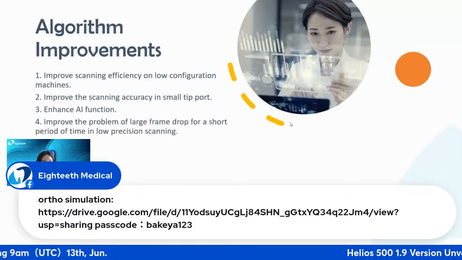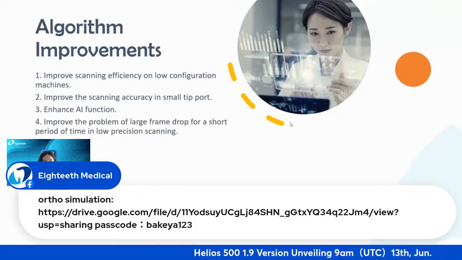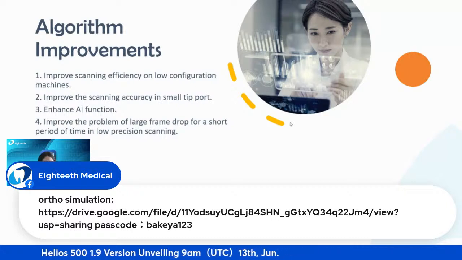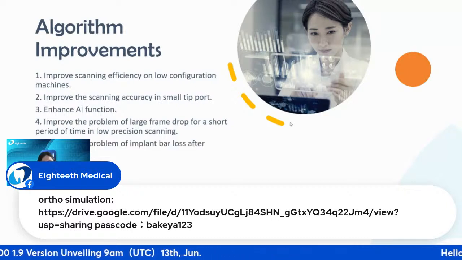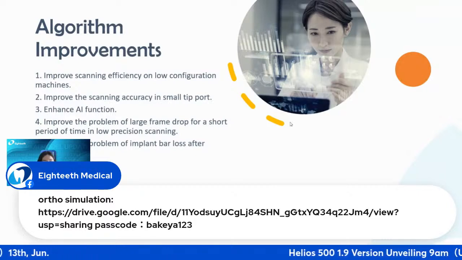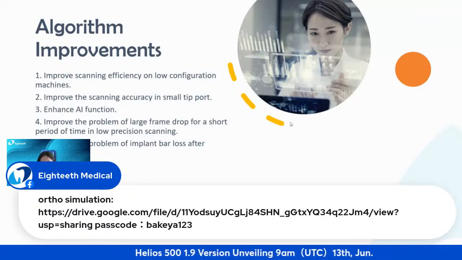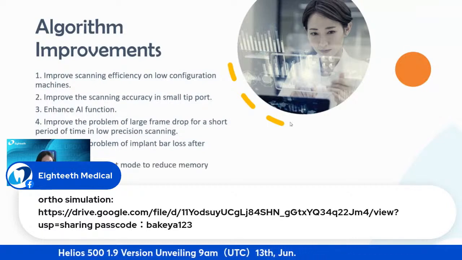We enhanced that. Improve the problem of large frame drop for a short period of time in low precision scanning. We improved that. Improve the problem of implant bar loss after optimizations. We improved this in the algorithm itself.